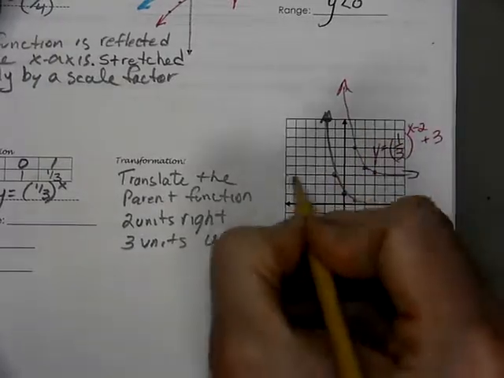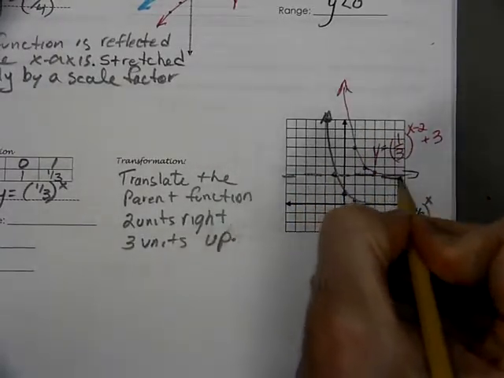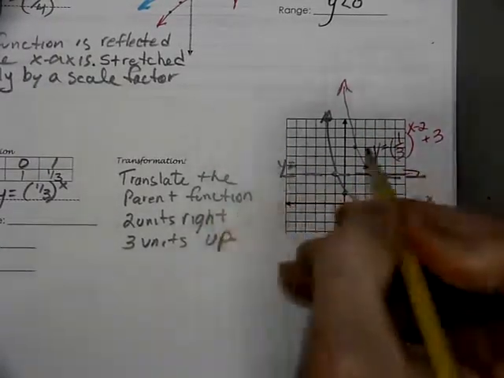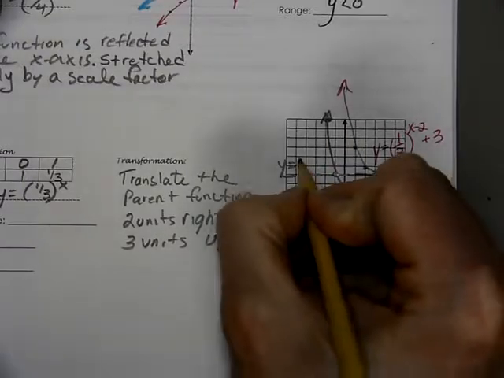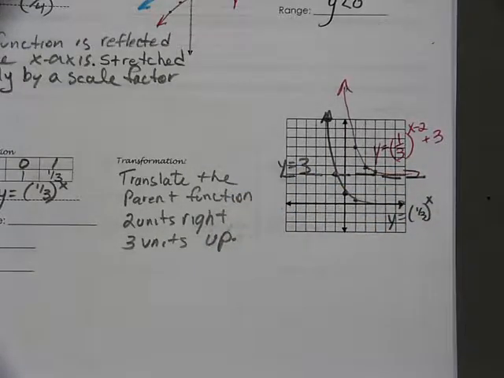We have an asymptote at the k value. So this is y equals k. In this case, k is 3. So there's your graph. Same type of graphs we've been doing in the past. We just got to start and figure out what does the parent function look like, and then you do the typical RST.